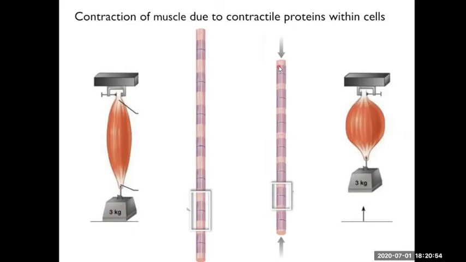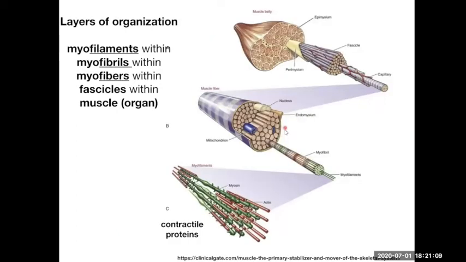So this is just background information that will come up as I talk about these connective tissue layers. But the muscle cell is the thing that's contracting, and it's contracting because the muscle cell itself is jam-packed with thousands of these contractile units. As far as levels of organization go, you have the myofilaments making up the myofibrils. These are the proteins, actin and myosin, the contractile units. They make up these long rods of the myofibrils.